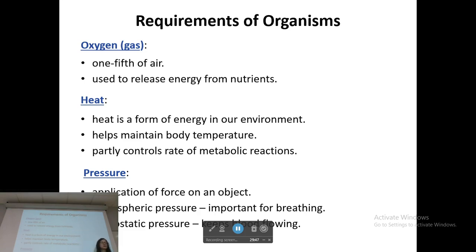It makes it easier to breathe, right? And then also hydrostatic pressure. Hydro, what does that refer to? Water, right? So hydrostatic pressure keeps the blood flowing. That pressure of the fluid within the blood vessels allows it to continue to move within the body.